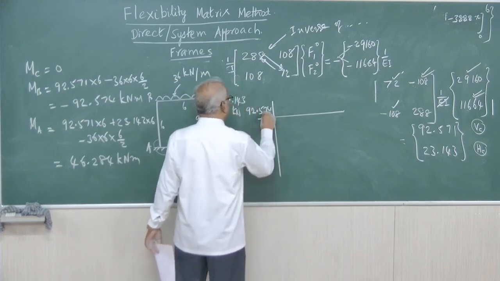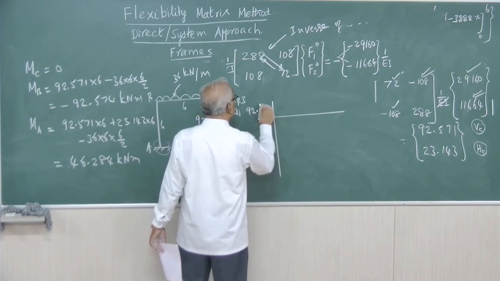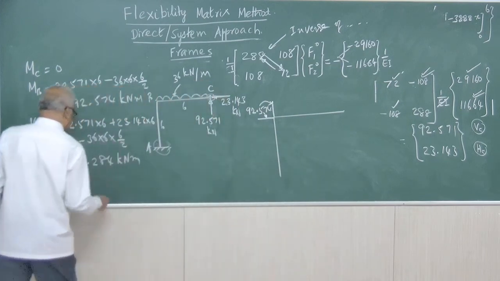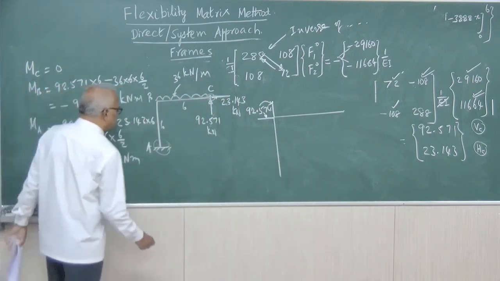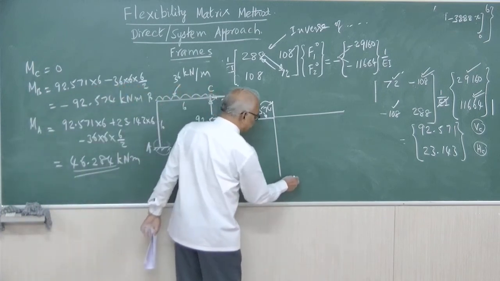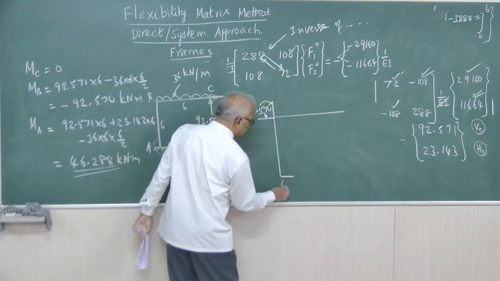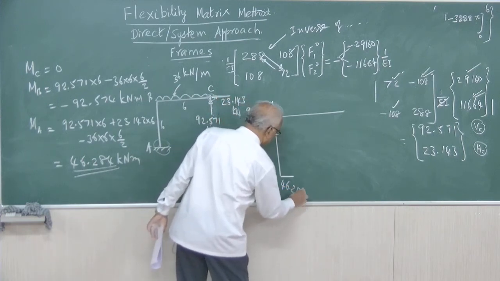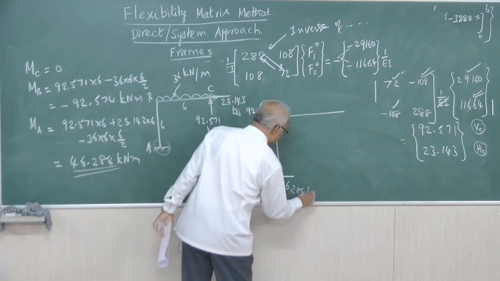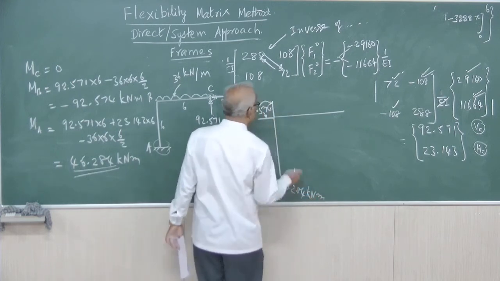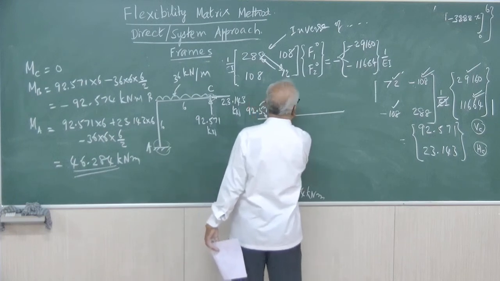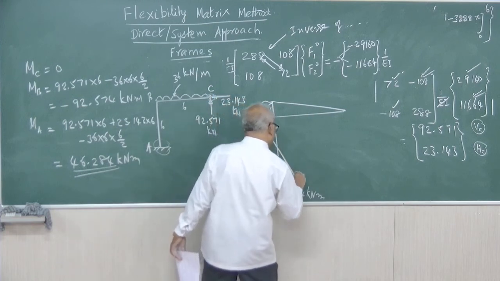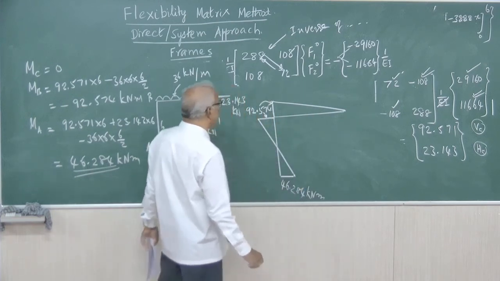So this value is 92 point something, this value is also 92 point something, and here this is plus 46.284. So that means tension on the inside. So this is 46.284 kilonewton meter. This is the support moment diagram.